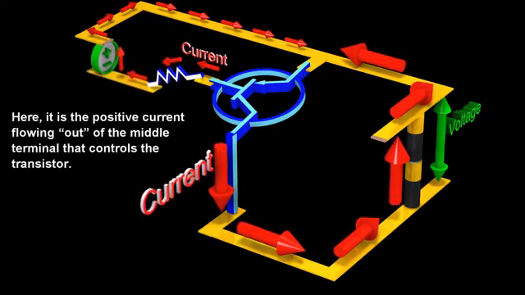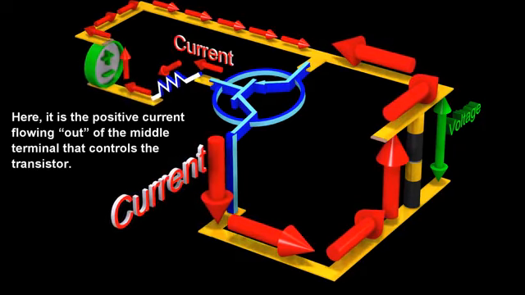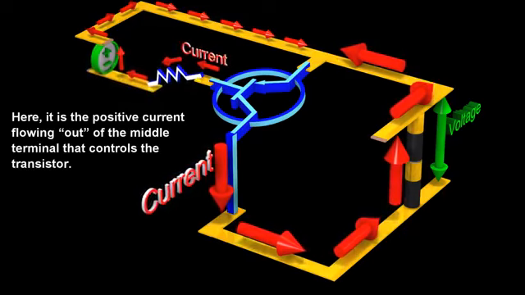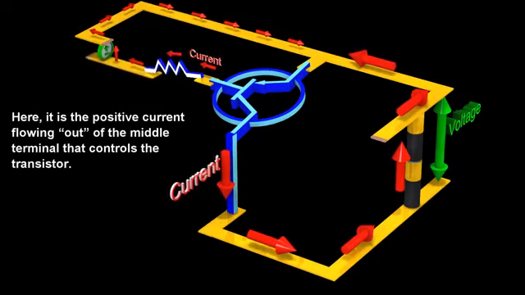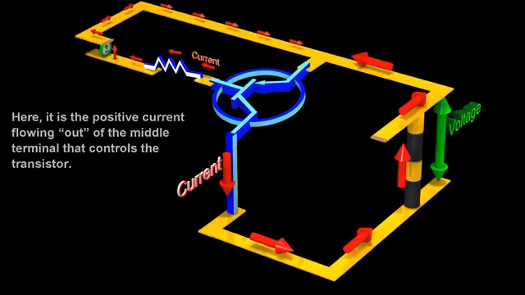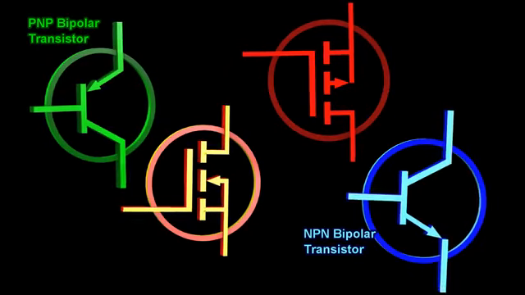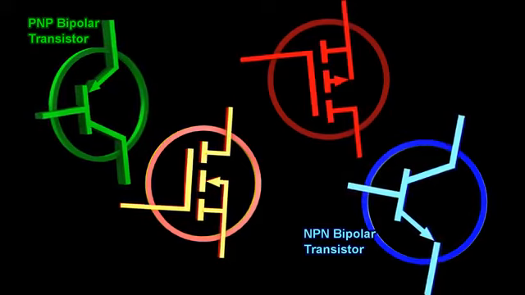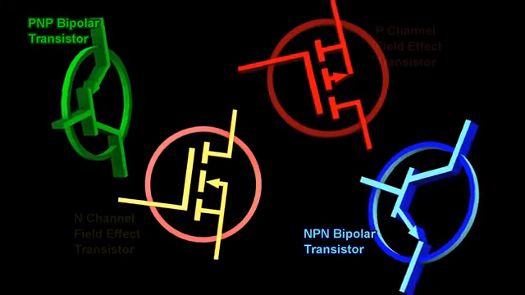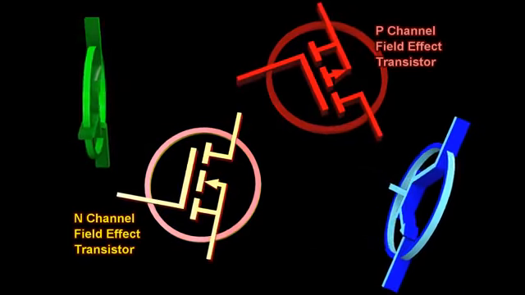Here, it's the positive current flowing out of the middle terminal that controls the transistor. Let's now focus on field effect transistors.